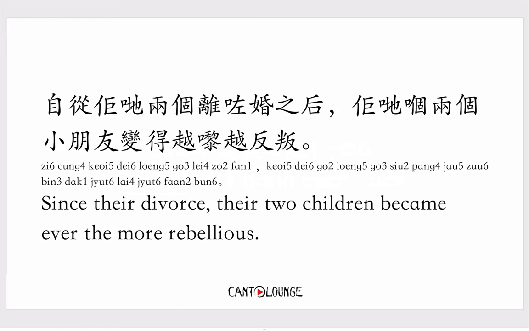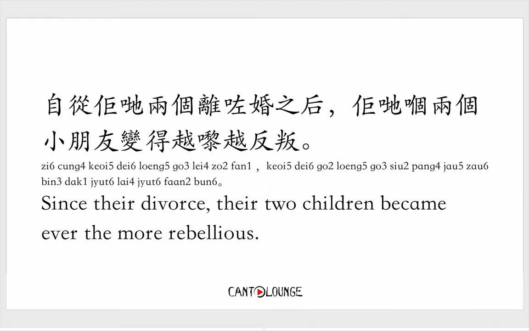And you might say 自從佢哋兩個離咗婚之後，佢哋嗰兩個小朋友變得越嚟越反叛. So ever since 自從佢哋兩個, they, the two of them, playing Larry and his ex-wife, 離咗婚之後 got a divorce, 佢哋嗰兩個小朋友 so there are two children, 變得 they changed to be 越嚟越反叛 more and more rebellious.